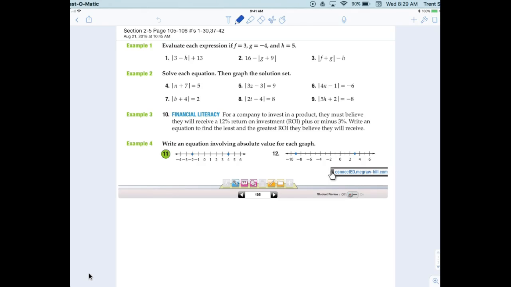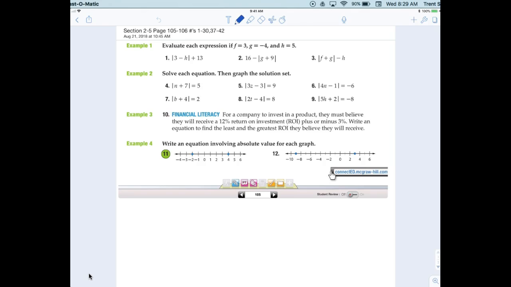So I'm not saying -5 miles is not possible. The negative just reflects what direction you are heading. So absolute value simply means how far away you are from the origin. And absolute value means that the number is always what? It's always positive. All right? So now, here we go. Let's try to set a few things up here.